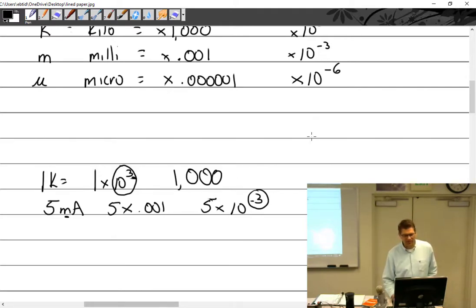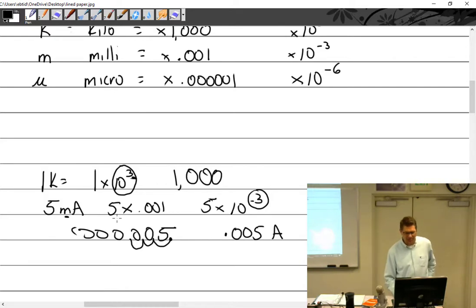I shouldn't say zeros necessarily, it's moving the decimal place. How many spots do you move it? Because it's negative, I have to go backwards. So I can just add a whole bunch of zeros and count how many to go backwards. 1, 2, 3. So that equals 0.005 amps. So 5 milliamps is the same as 0.005 amps.